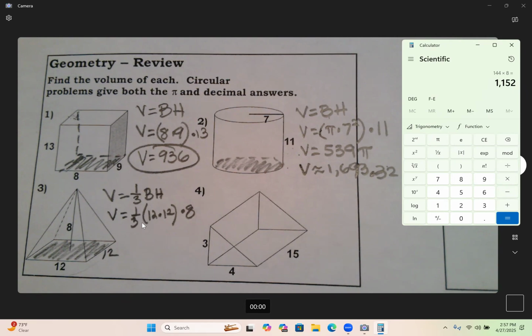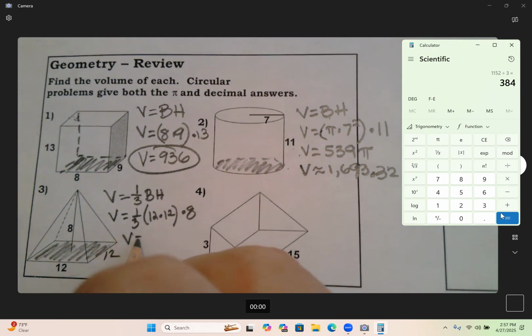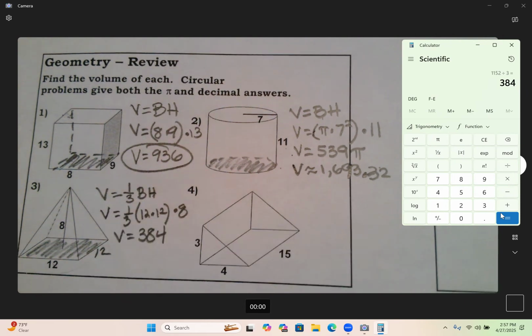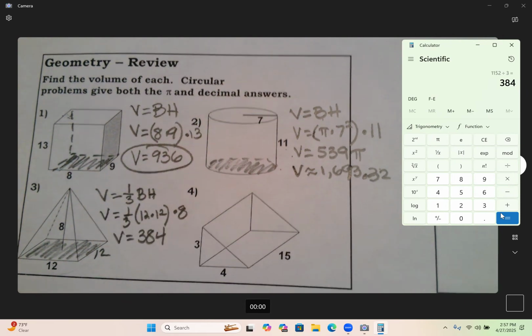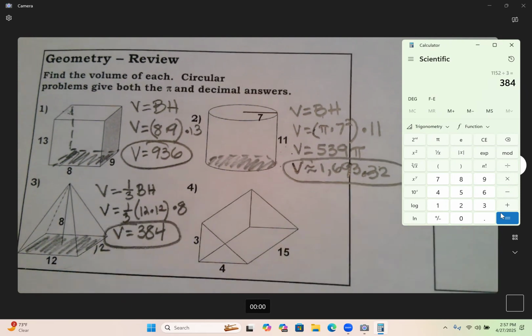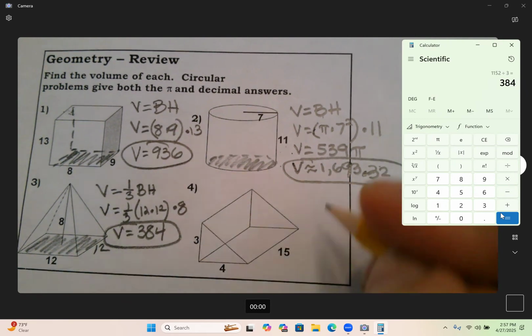And then multiplying by 1/3 is like multiplying by 1 and dividing by 3. Okay, so that ends up being that the volume of this is 384 cubic units. They didn't include any units, so we're just going to assume these are all just in units. So cubic units would be the volume. If we're talking about area, it's square units, but if we're talking about volume, we're talking about cubic units.